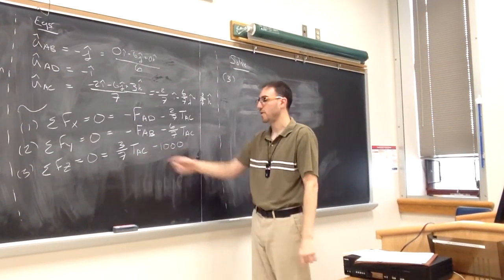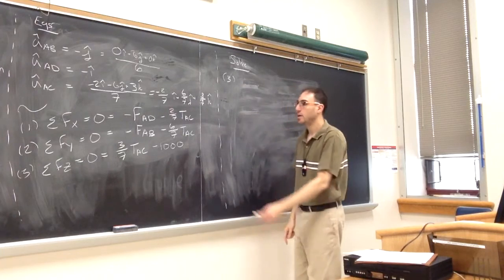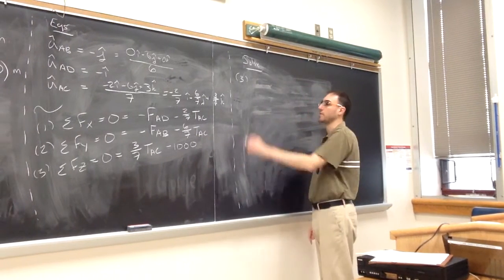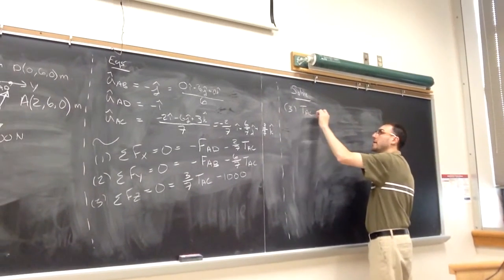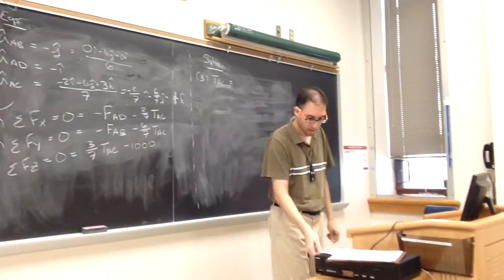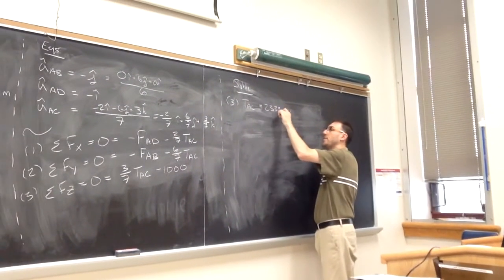If I start at equation 3, the only unknown I have is TAC. So I can move the 1,000 to the other side, multiply by 7/3, and I can get that TAC is going to be 2,333 newtons.